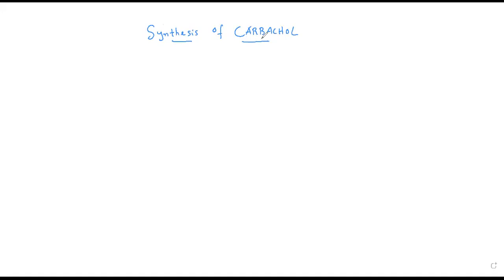So the starting material used for the synthesis of Carbachol is called ethylene chlorohydrin.